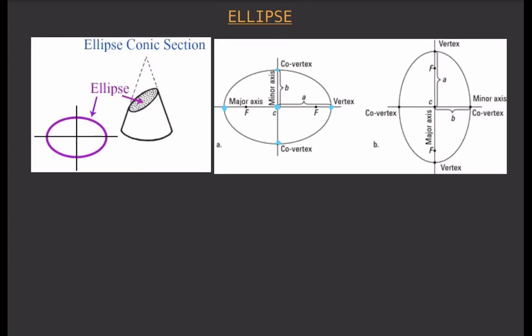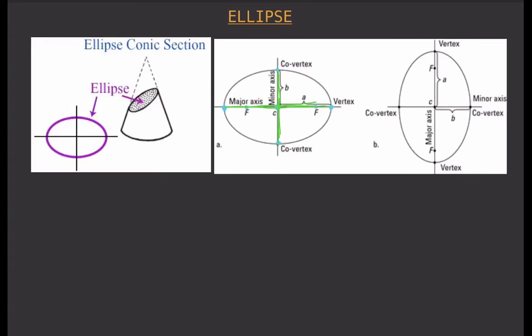Your foci are also in the direction of your vertices. The longer axis is called the major axis, and the shorter axis is called the minor axis. So your vertices and your foci lie on the major axis.